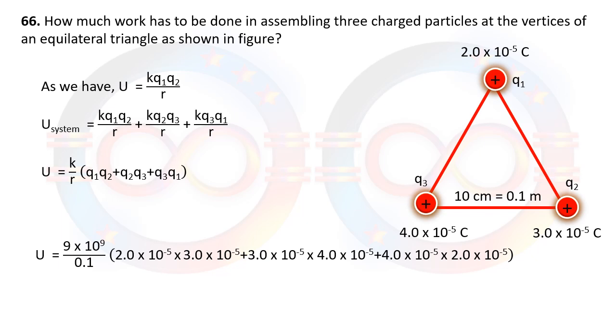If you see here 10 raised to minus 5 and 10 raised to minus 5, that 10 raised to minus 10 would be common. Then what is left? 2 into 3 plus 3 into 4 plus 4 into 2. If you add them, it will be 26. So 9 into 26, nothing but 234 joule, is the total work done in assembling these three charges on the vertices of an equilateral triangle of size 0.1 meter.